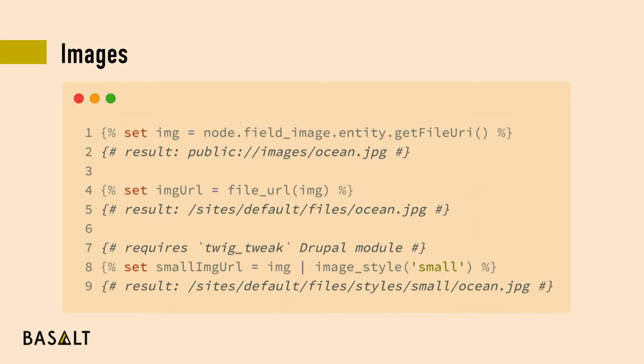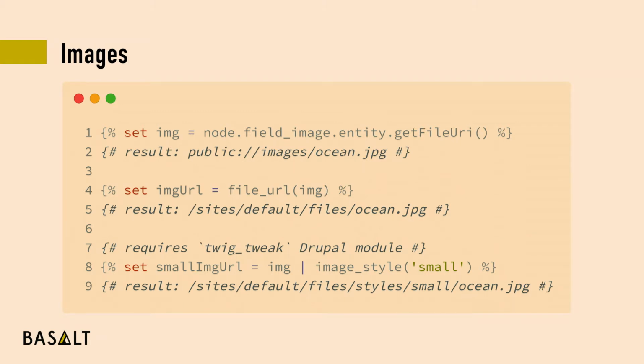One thing I wish about Drupal is that by the time it made it to a template, it was all serializable data. But nonetheless, you still have access to get file URI, for example, and so you can see the result there. And then you could use the file URL function that is right in Drupal and get right to it.